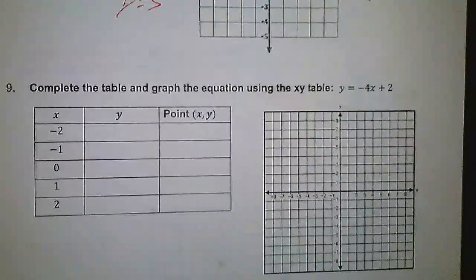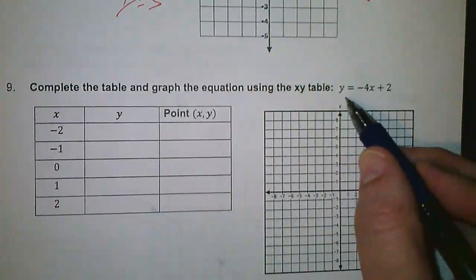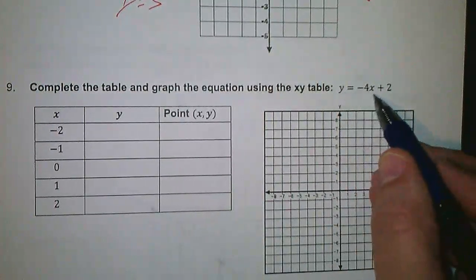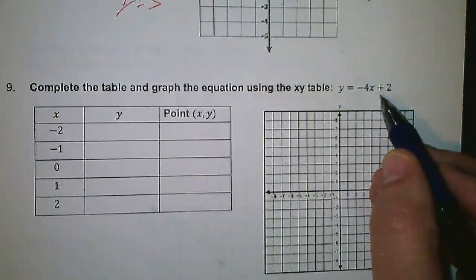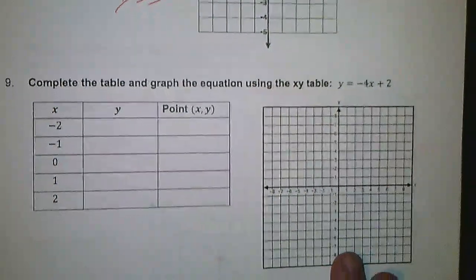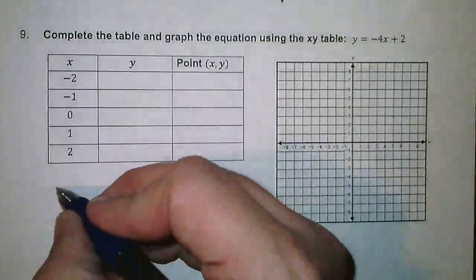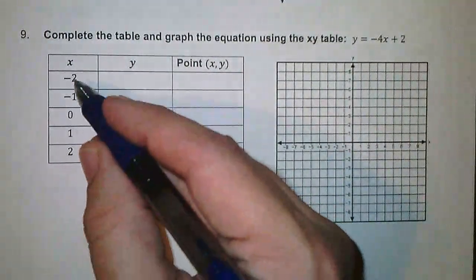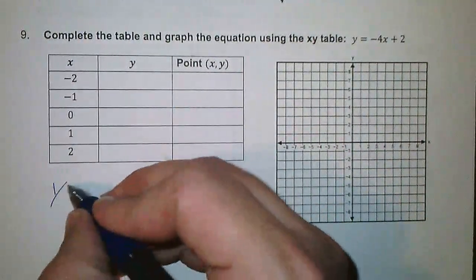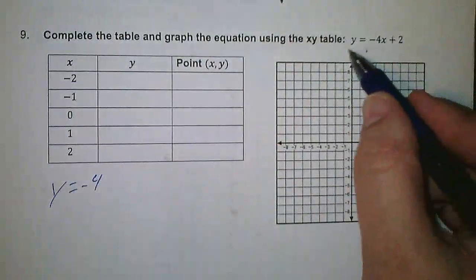Let's look at number 9 here. We're given the equation y equals -4x plus 2. And there are a few ways to solve these table questions. We're given some x values to consider, and we can plug them into this equation here.